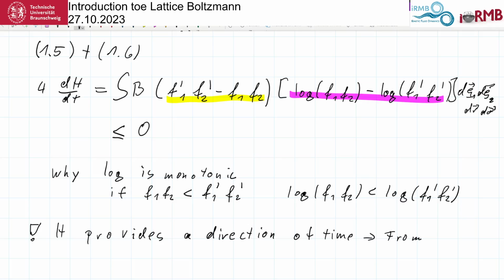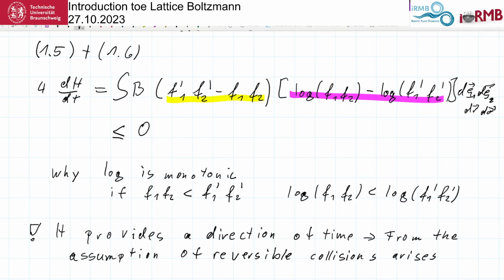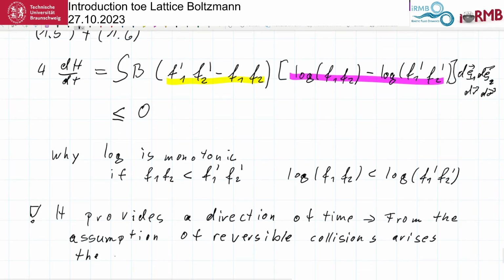I'm writing down what I just said: from the assumption of reversible collisions arises the irreversibility of the entire system.